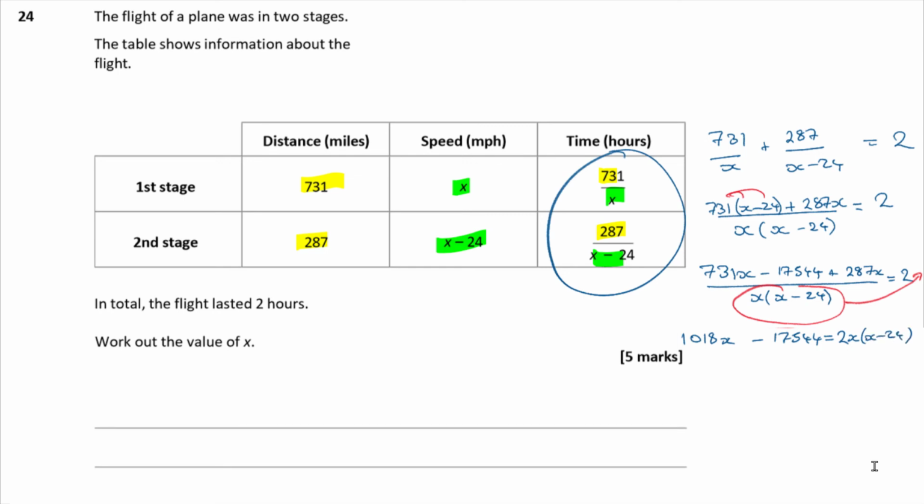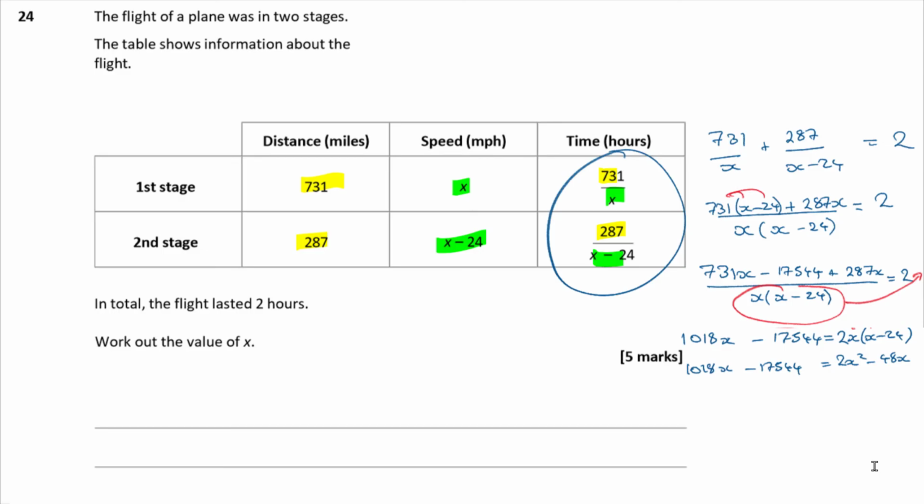Then I've got to remove the brackets on the right hand side there, haven't I? So that's going to give me 2x squared minus 48x. And on the left, I've still got 1018x minus 17,544.